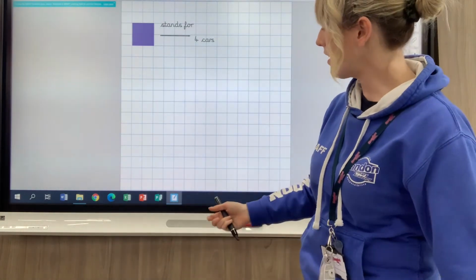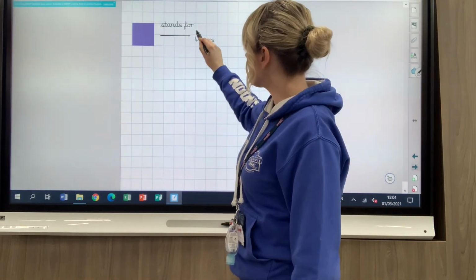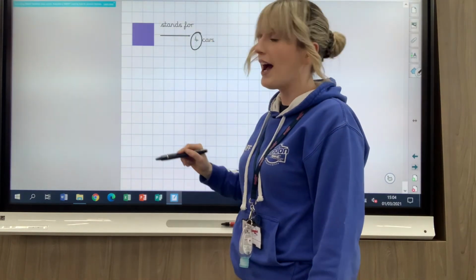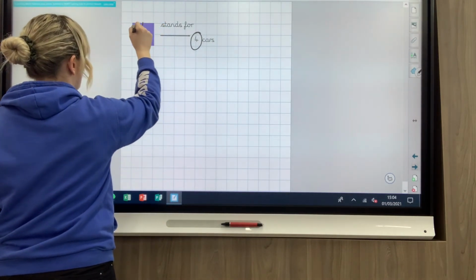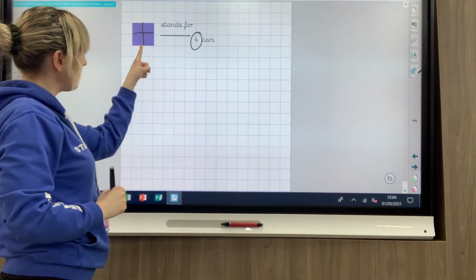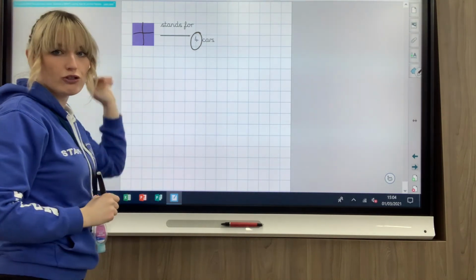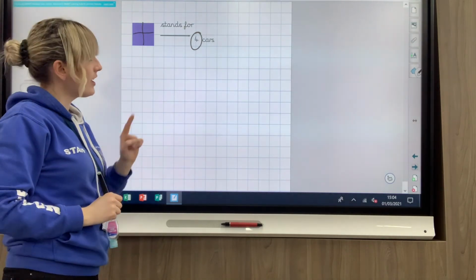Now, if you look, you can see if I split, it stands for 4, I can split that into 4 equal parts. So you might want to do that on your key, is draw a line through the middle and a line across the middle, and it will help you to work out different numbers.